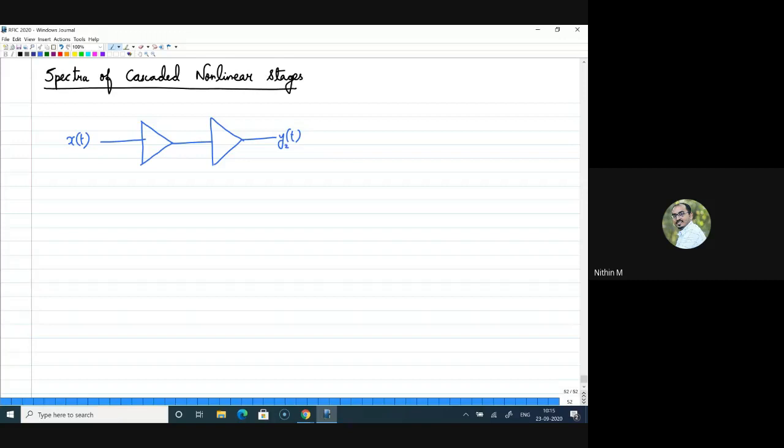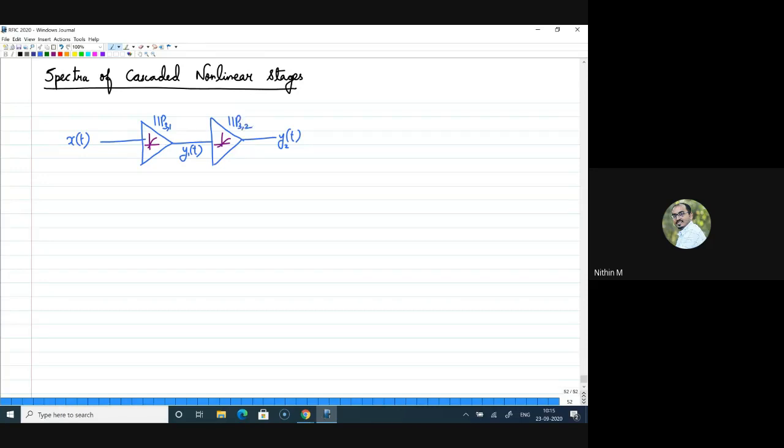Maybe I'll mark this as y2 of t and this as y1 of t, and all these are nonlinear systems, and I'll mark this as IIP3 1 and this as IIP3 2.